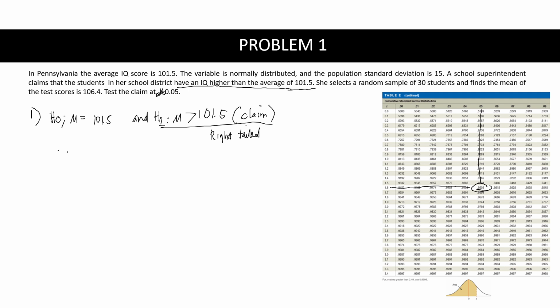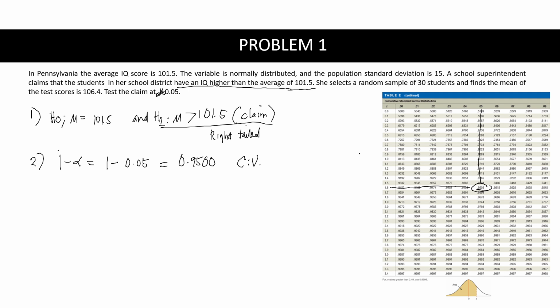So in step number 2, the critical value, 1 minus the alpha is equal to 1 minus 0.05, that is equal to 0.9500, and the closest one gives the critical value.